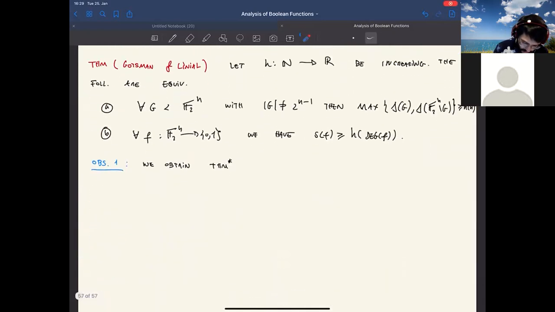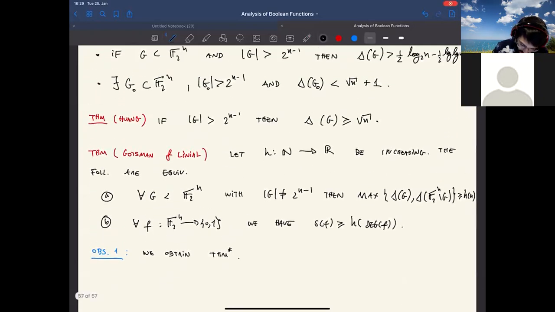So how do we obtain theorem star? Well, it's simple now because you just apply Huang's result.